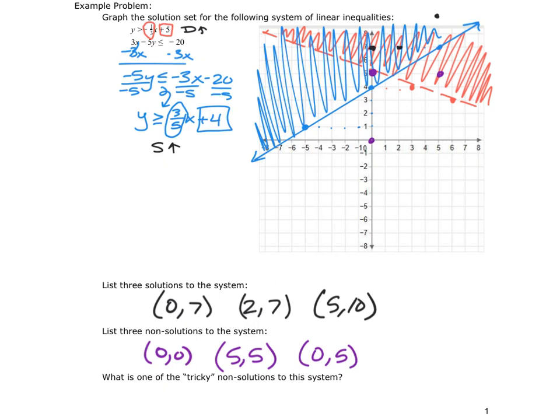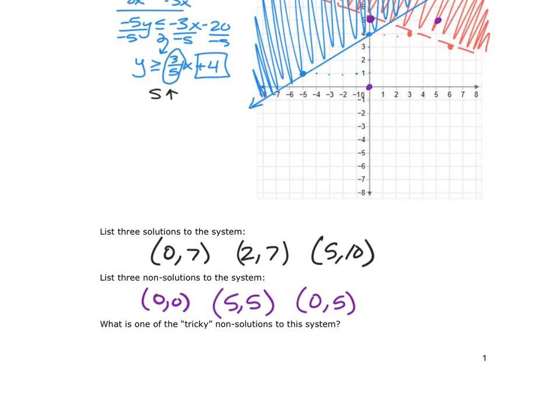In fact, that's one of my tricky non-solutions. A tricky non-solution would be 0, 5 because it's on a dashed line. It looks like it's in the solution set because it is where both shadings overlap, but that dot itself is on a dashed line, so we cannot count it as a solution.